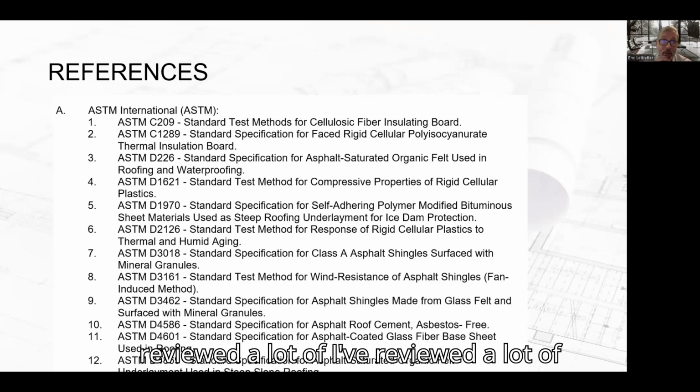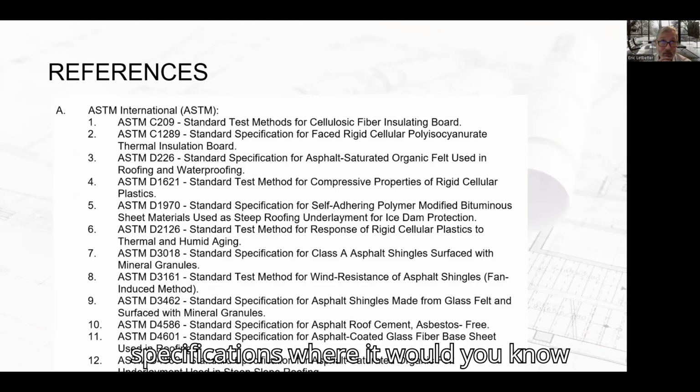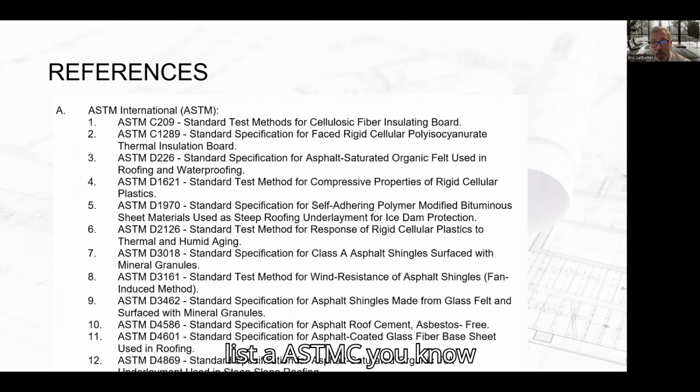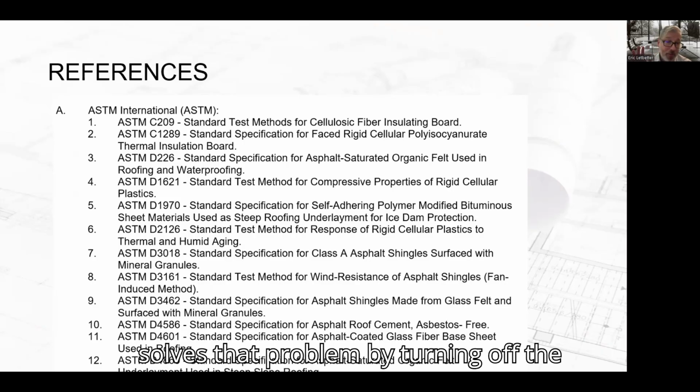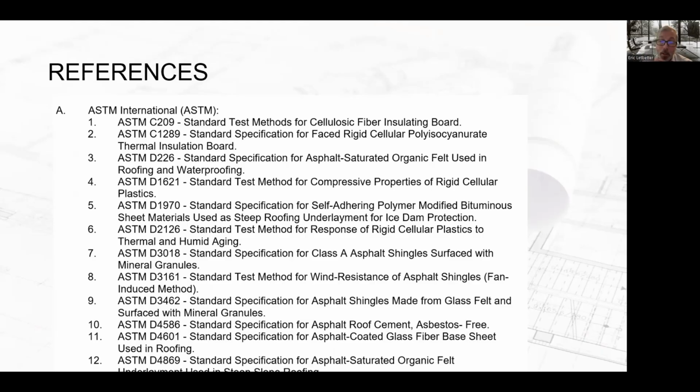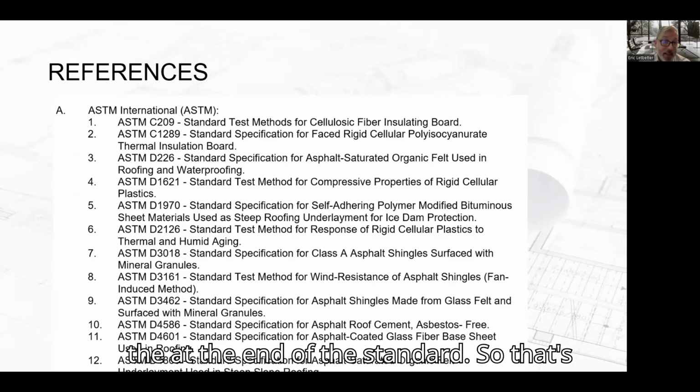I've reviewed a lot of specifications where it would list ASTM C209-97, and nobody needs to be using a standard that's dated 1997. So the software I use solves that problem by turning off the date at the end of the standard. So that's one way that I use it.